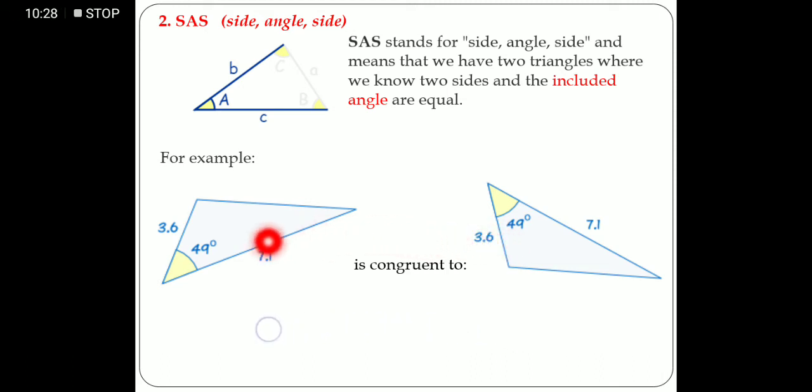The other side measures 7.1 and in the other triangle 7.1 centimeter. The angle holding the two equal sides here equals 49 and this angle here equals 49. So if I rotate this triangle, if I draw it on paper, cut it out and flip it, it fits exactly on the second triangle. They are congruent triangles. Okay?